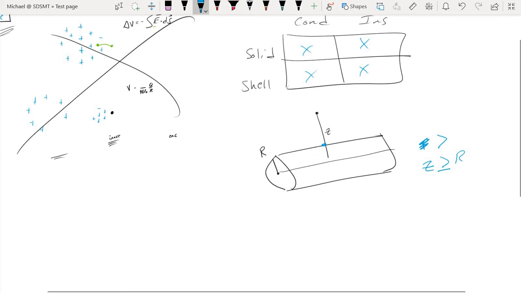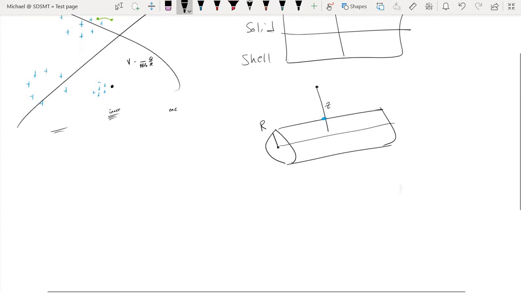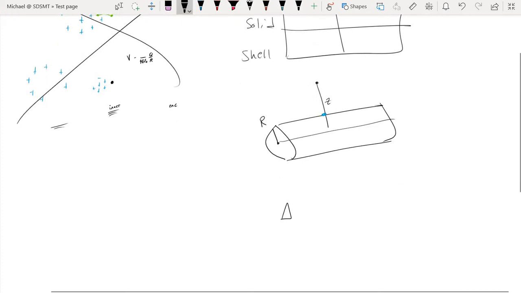But then if we go inside the cylinder, that's where we have to start considering the different combinations of the construct. If we go inside the cylinder, the electric field inside is going to determine how the electric potential can change.